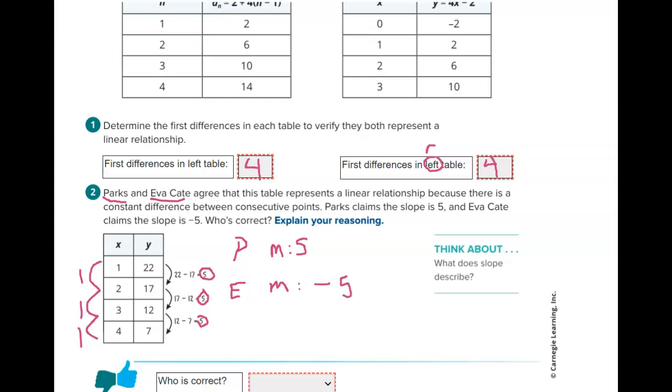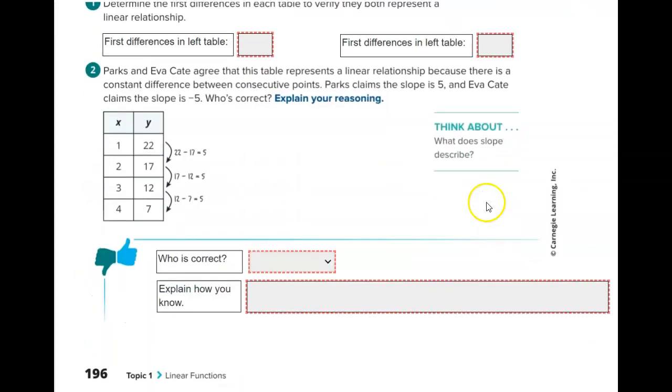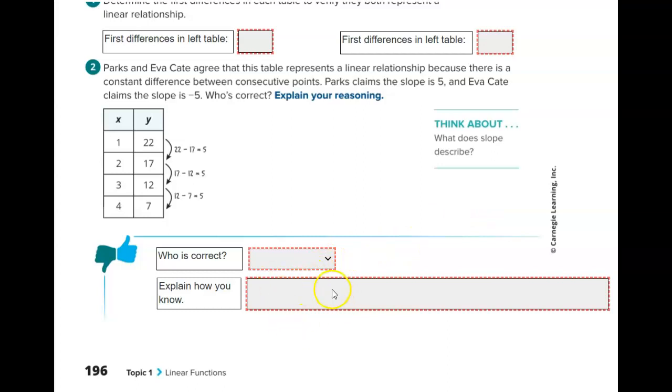So what you're doing is you're deciding who is correct about the slope of this line. Is the slope 5 or negative 5? And if you're not sure, you could go to Desmos and you could graph this table, these 4 points, and you could see. So what you're doing here is you are deciding who is correct, Parks or Eva Kate, and then you are explaining your thinking.